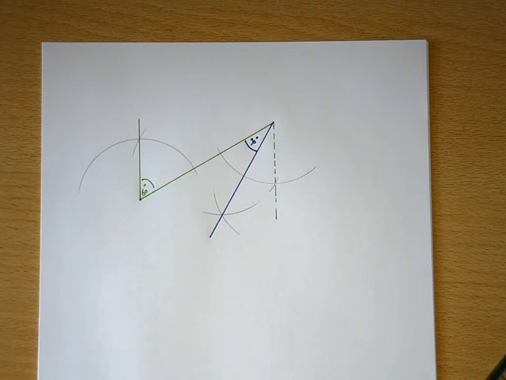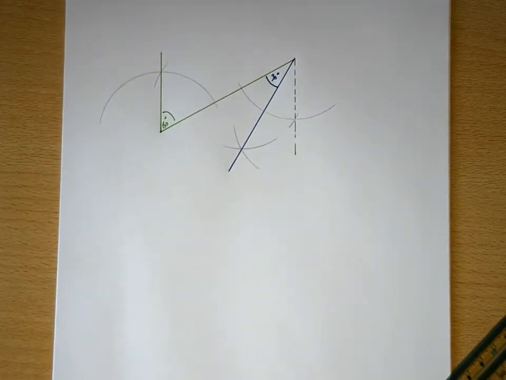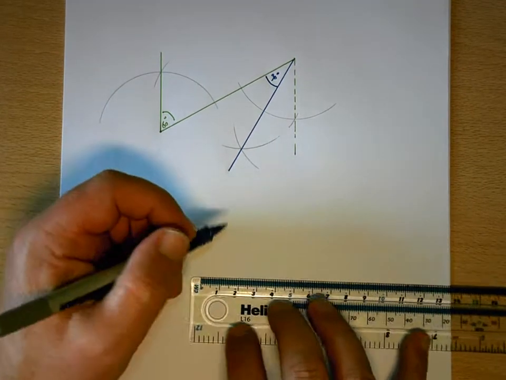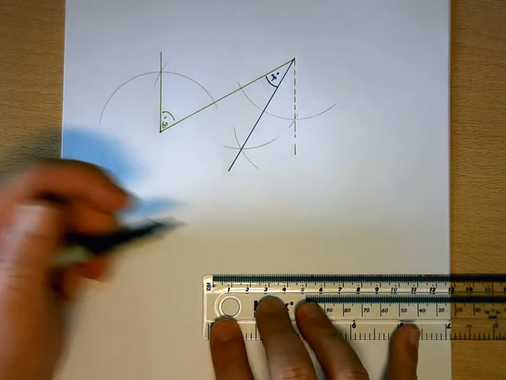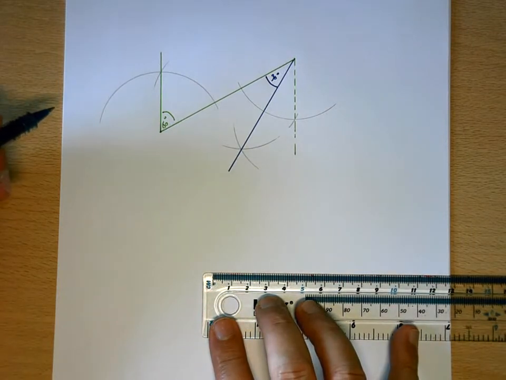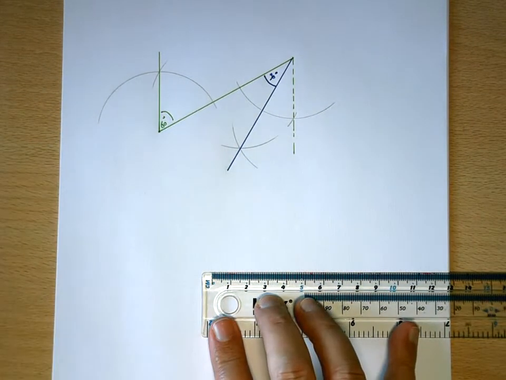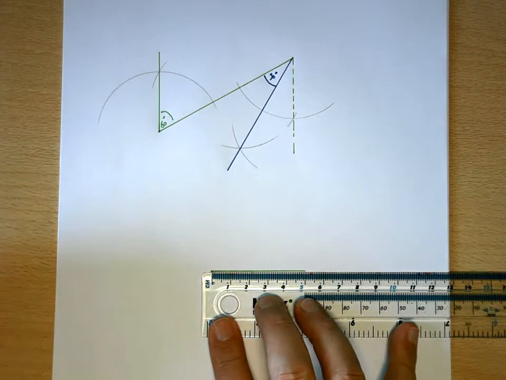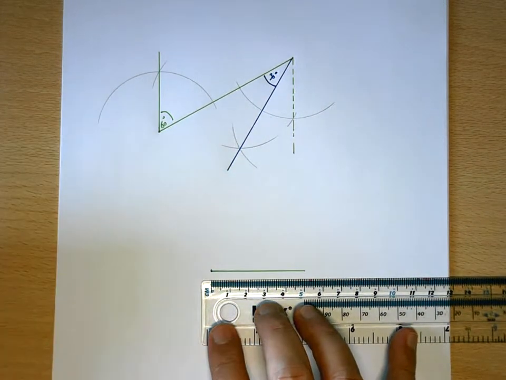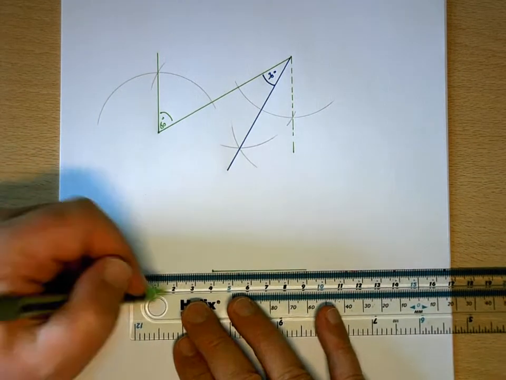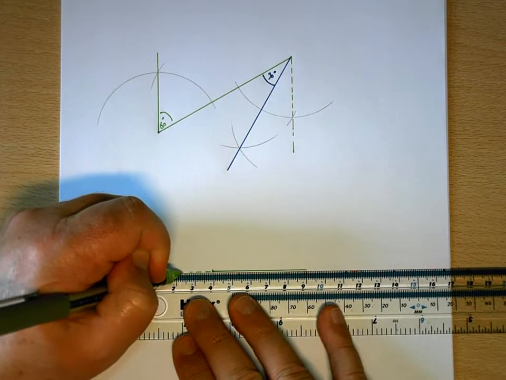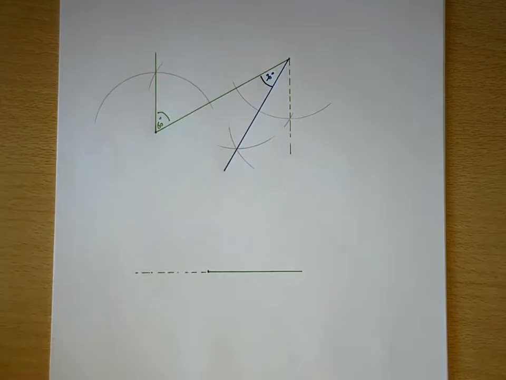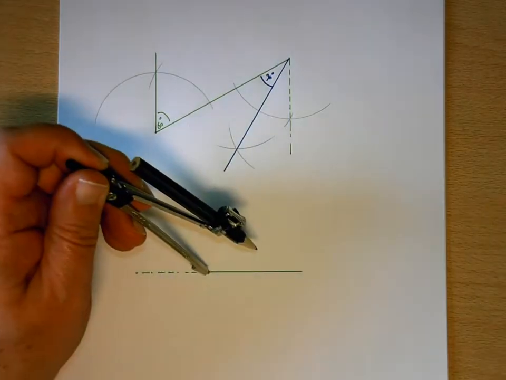The other one that you're often asked for is a 90. With a 90-degree construction, basically what you're doing is bisecting 180 degrees. So if we have a line like that, and we want to draw a 90-degree angle there, what we would do is extend that line somewhat, so we've got a straight line to bisect.